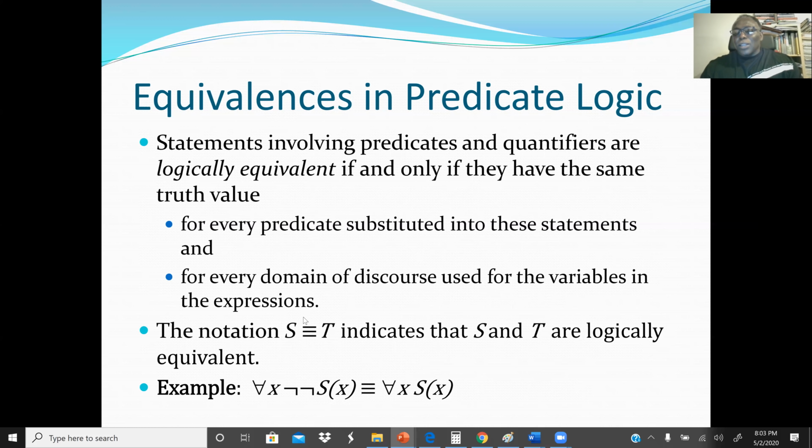We studied this in propositional equivalency previously also. So example here, all X not not S at X is the same as all X S at X. Why? Remember we studied this, negations cancel each other. So this is equivalency, again, in predicate logic.